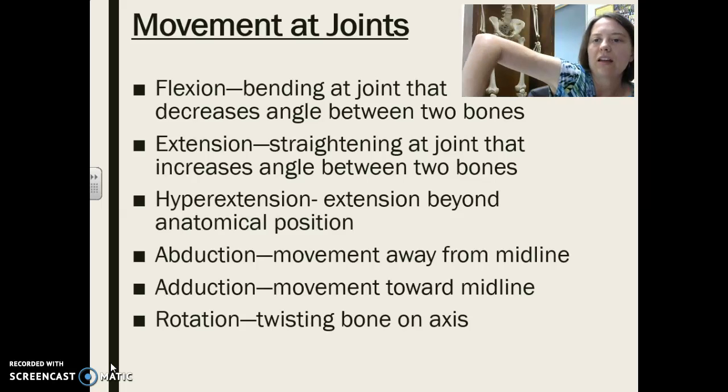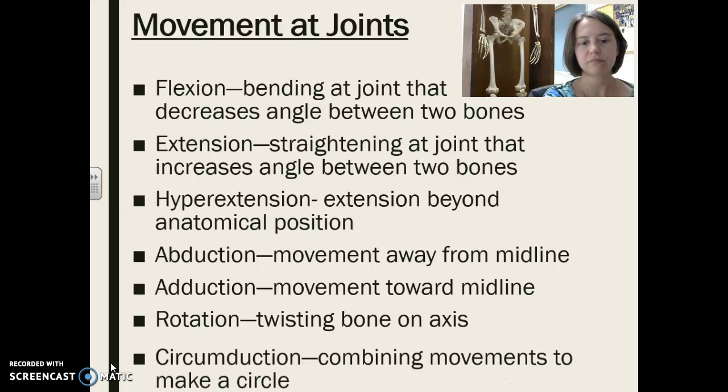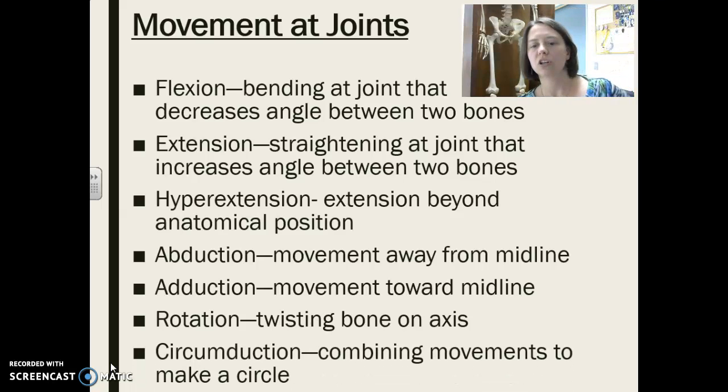And you can do that yourself and see it even better. And then another one is circumduction, which combines movements to make a circle. So your shoulder joint can circumduct, and also the hip joint can do that also.